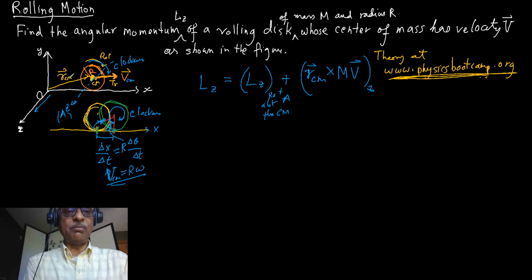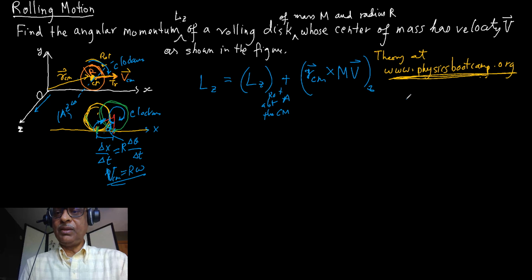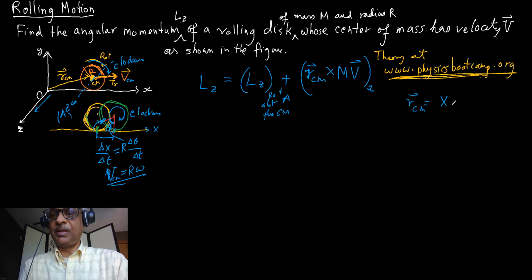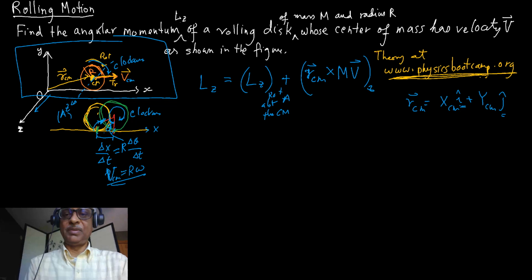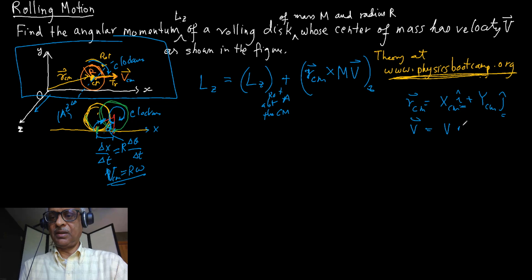RCM has some XCM i hat plus some YCM j hat, with i hat and j hat as unit vectors along these axes. The whole thing is going in the XY plane, and V is simply V i hat.